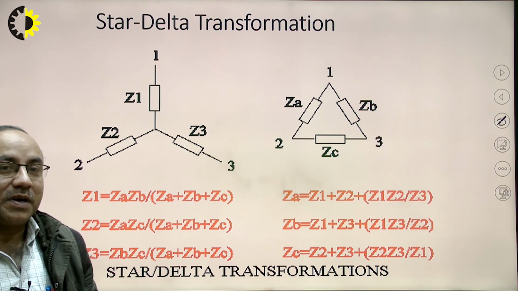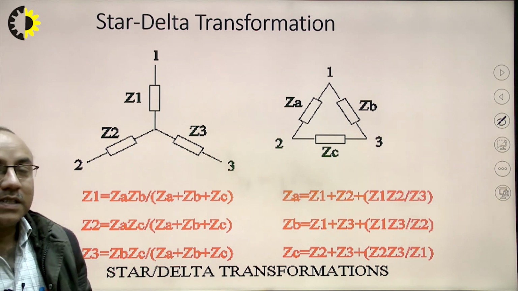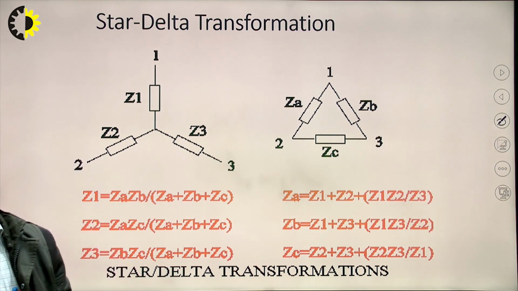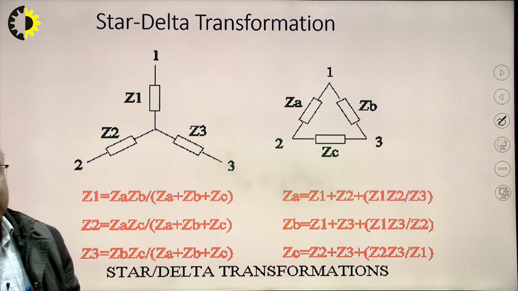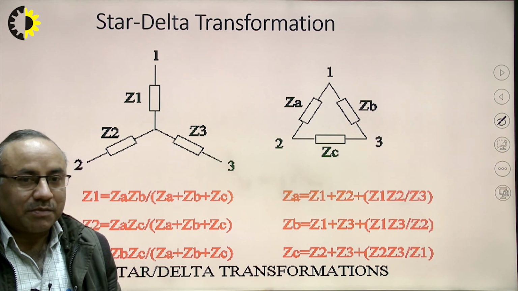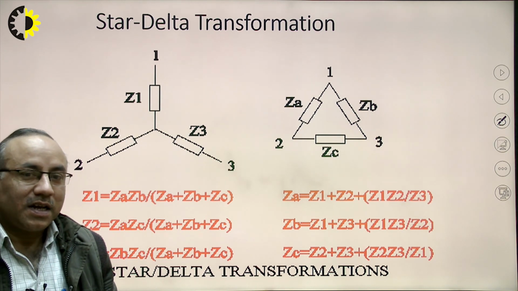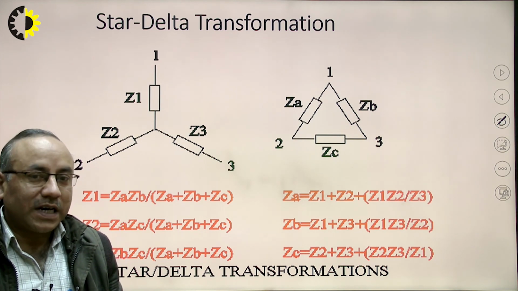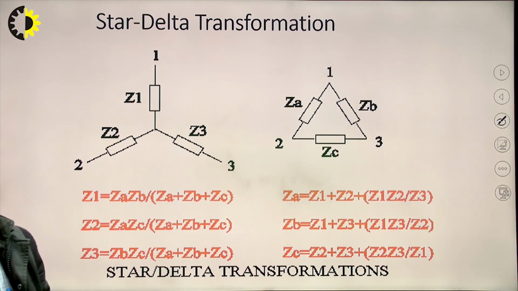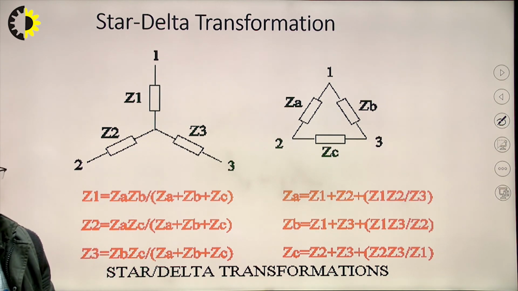And in the same manner, if we convert star into delta, then ZA equal to Z1 plus Z2 plus Z1 Z2 upon Z3, and ZB equal to Z1 plus Z3 plus Z1 Z3 upon Z2, and ZC equal to Z2 plus Z3 plus Z2 into Z3 upon Z1. So, that way we are able to convert a given delta into equivalent star or vice versa.